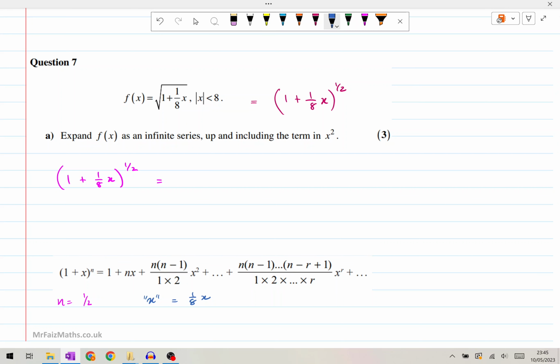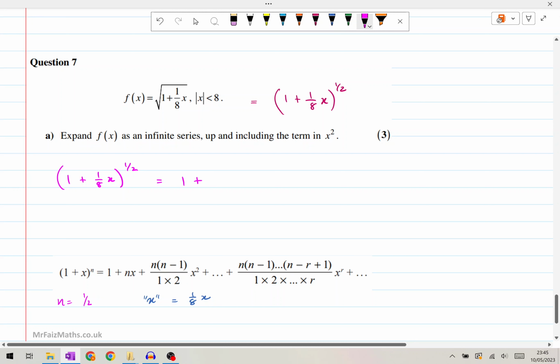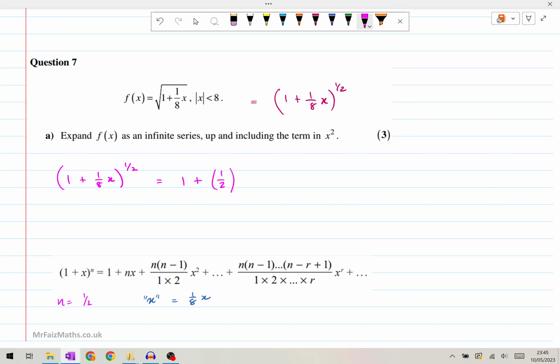So when we substitute that in here, we'd be replacing each x term with 1 over 8x. So the sequence starts with 1, and so it's going to be 1 plus nx, so n is equal to 1 over 2 times our x term, 1 over 8x.